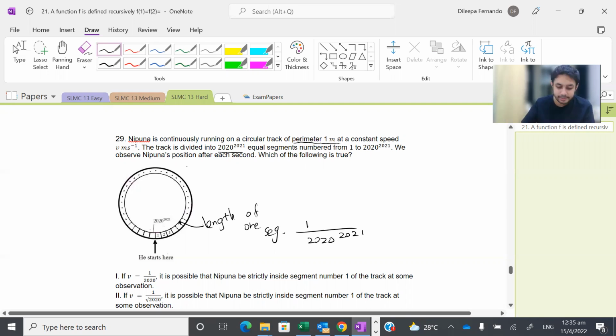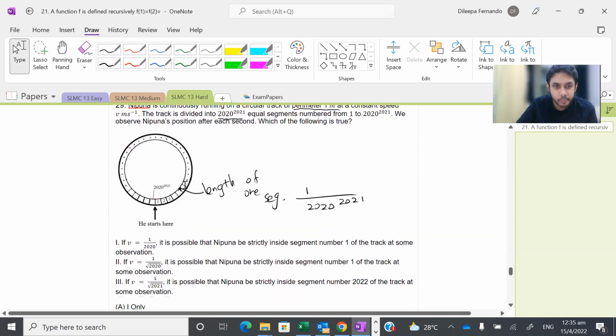Now let's see what the statements are. His speed is v meters per second. If v is 1 over 2020, is it possible that Nipuna is strictly inside segment number 1 of the track at some observation?